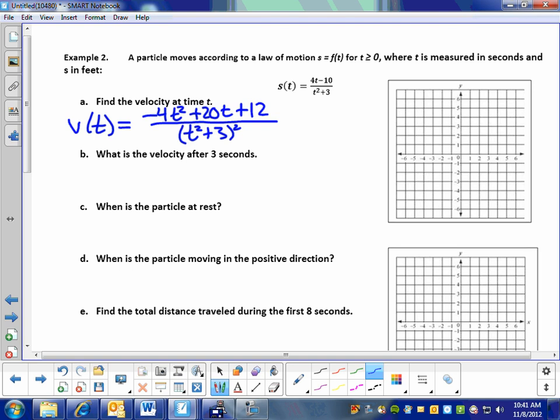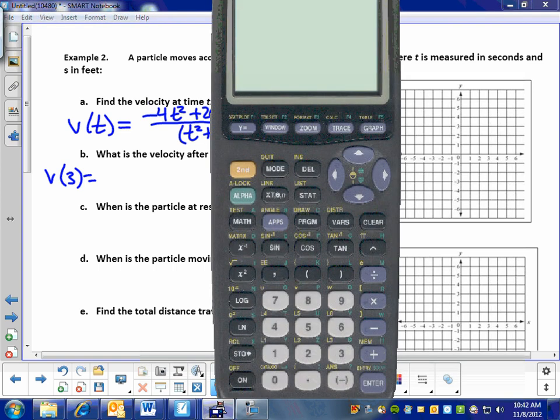The question is, what is the velocity after 3 seconds? So how would I figure that out? Plug in 3. So velocity at time 3 is equal to, and before you do all the work, let's remember, are we going to want to plug these into our calculator? So let's do that right now.